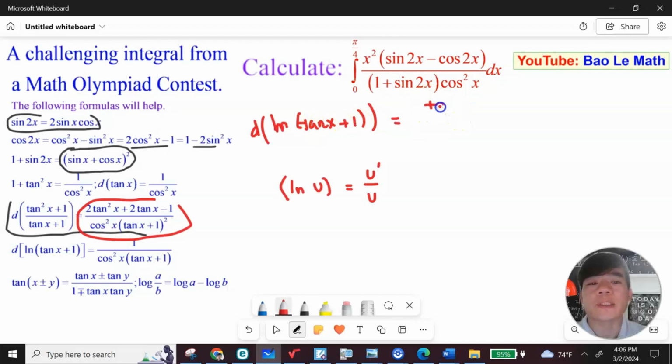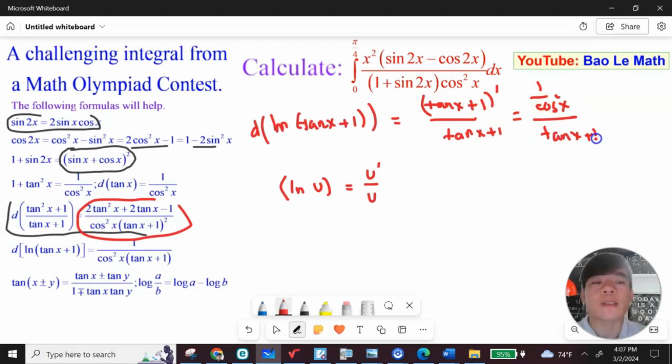The derivative of tangent x is 1 over cosine square of x, and the derivative of 1 is 0, over tangent x plus 1. Now I bring cosine square of x to the denominator, so it is 1 over cosine square of x times (tangent x plus 1). I don't have enough space, so I just write it here.